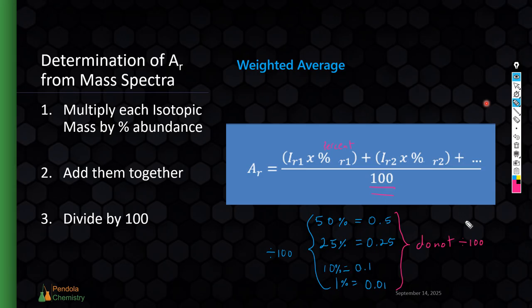We don't do this part if we're using 0.5, 0.25, 0.1, the decimal version, because we already did that and that's where those decimal versions came from. So be very careful with that. And it doesn't matter which way you do it, on the AICE exam you'll get full credit, but you have to be very careful and make sure that you are being consistent and that you don't divide by 100 too many times.